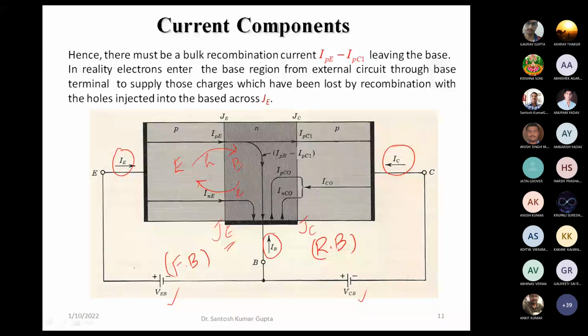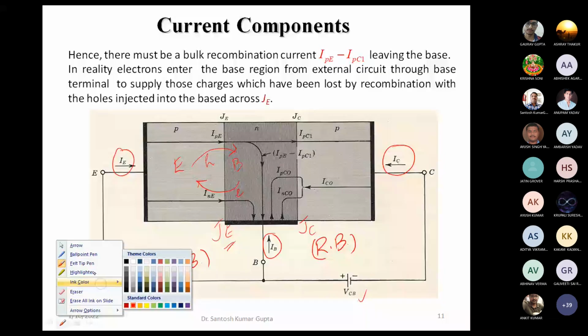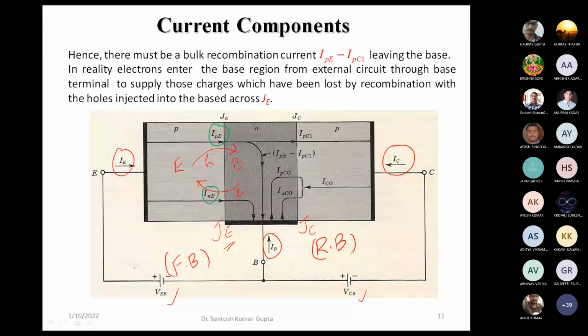So these two components form the currents IPE and INE respectively. Now a part of IPE is recombining in the base, forming the current IPE minus IPC1, and the rest, equal to IPC1, is collected by the collector.